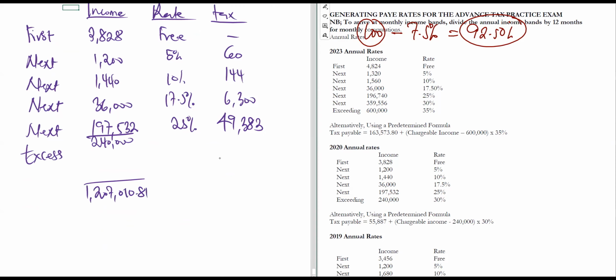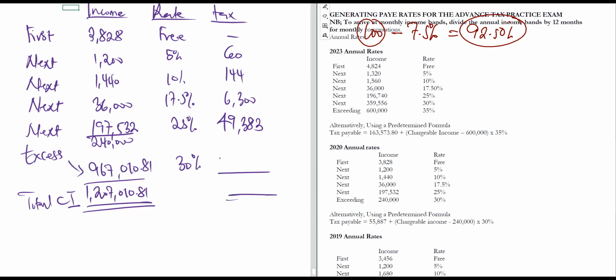Chargeable 967,010.81, plus 30% on the excess, 290,103.24. Correct? Like this. Yes.